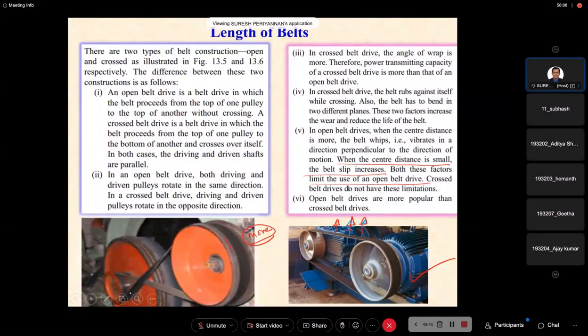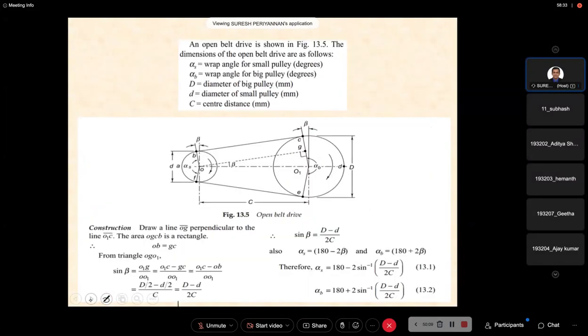Not only that, where the tight side and slack side cross, the belts may touch each other, so that place also gets damaged. These are the negative things. Now we move to the length of the belt.